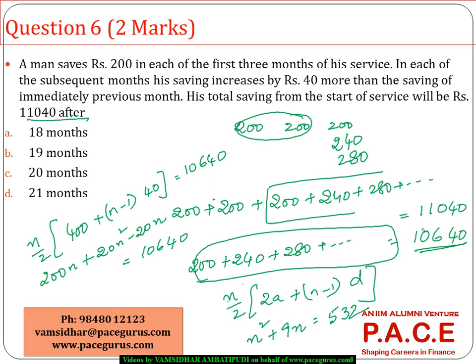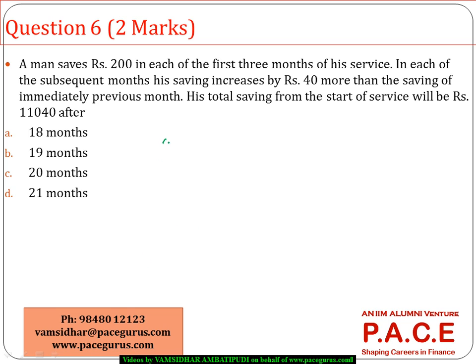N squared plus 9n is coming out as 532. Otherwise, I can write it as n squared plus 9n minus 532 equal to 0.